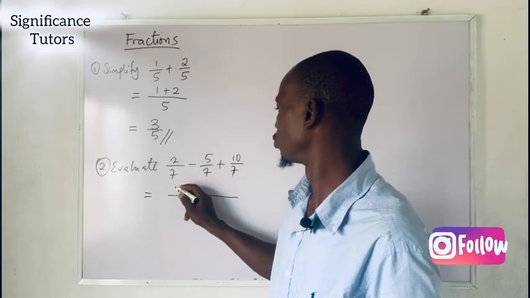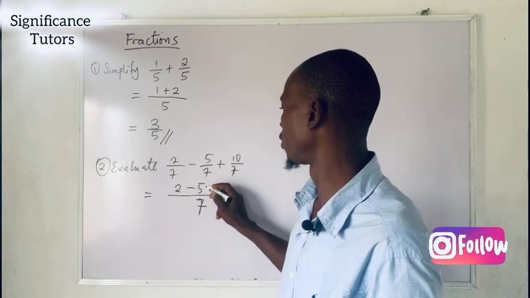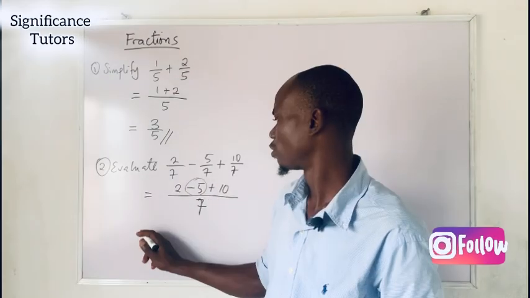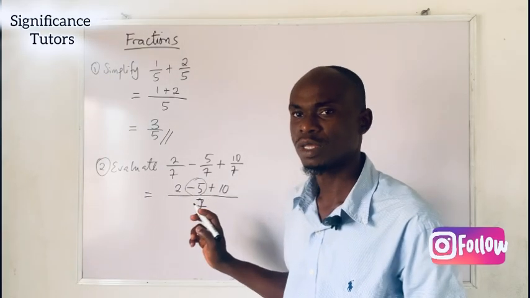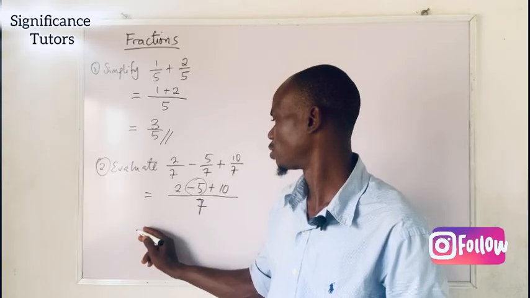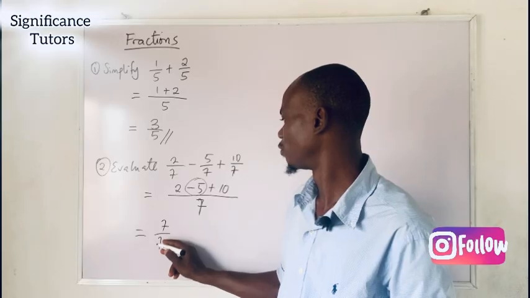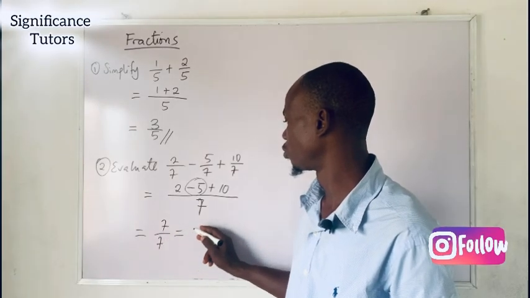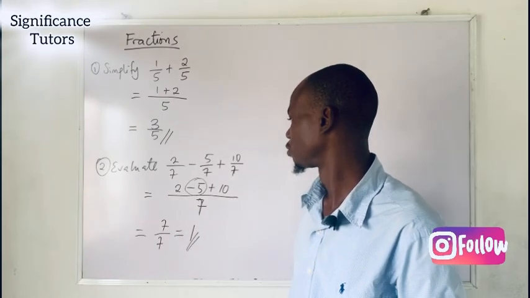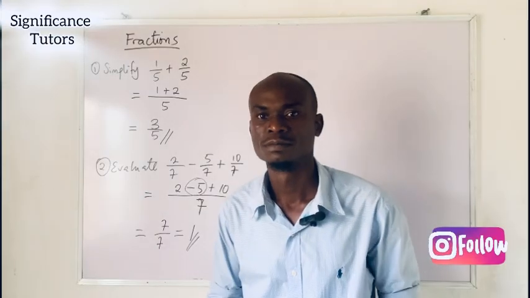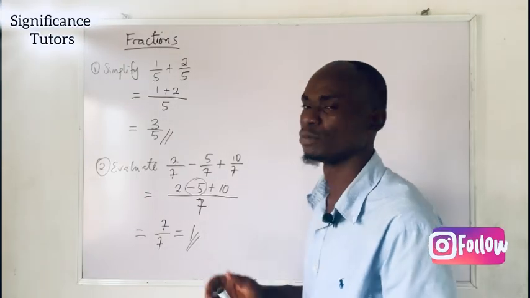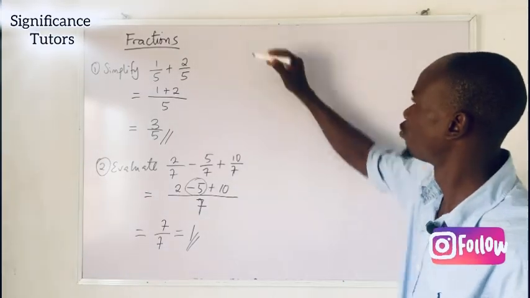The numerator: 2 minus 5 plus 10, or you can use your calculator to solve it. So this is 7 over 7, equal to 1. So this is a simple fraction problem.